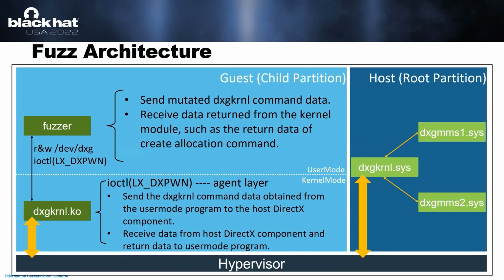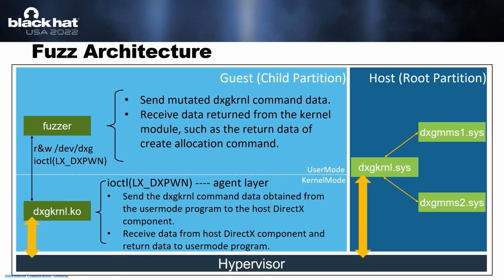A simple fuzz architecture is shown in the picture. The fuzzer is deployed in the guest machine. The major function of the driver part of the fuzzer is the agent layer, which is used to send the DXG kernel command data obtained from the user mode program to the host DirectX component, and receive data from the host DirectX component and return data to the user mode program.